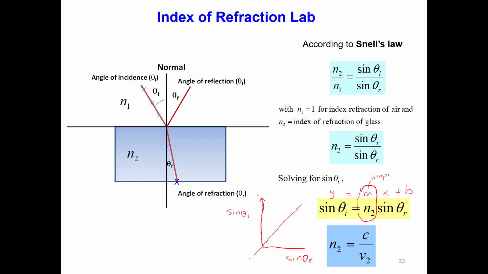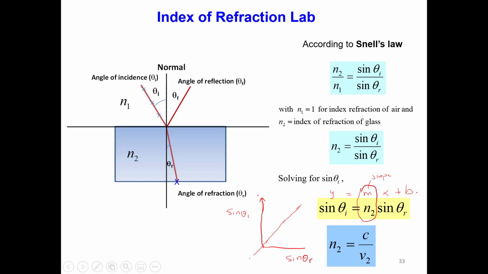Then the slope corresponds to the index of refraction of the unknown material we don't know. We want to find the index of refraction of that material and try to match this value using the table in our book. Once you calculate the slope, you will know the index of refraction of that material. Using this index of refraction, I want you to calculate the speed of light in that medium.